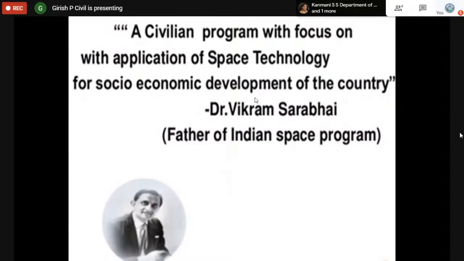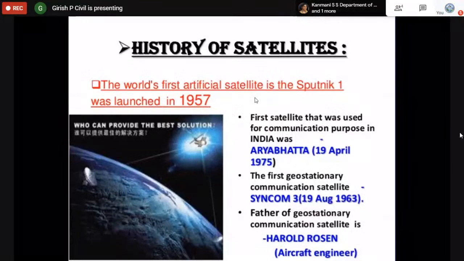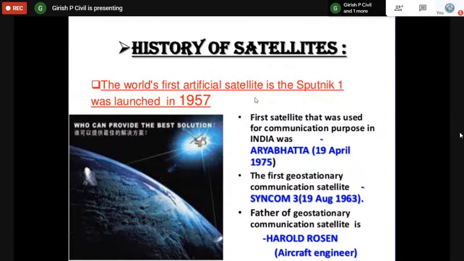Coming further to remote sensing Indian satellites. The father of the Indian space program is Vikram Sarabhai. Looking at the history of satellites, the world's first satellite was launched in 1957. Then in 1975, the Indian space program started with Aryabhata.